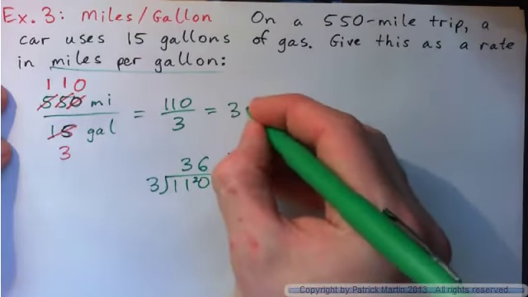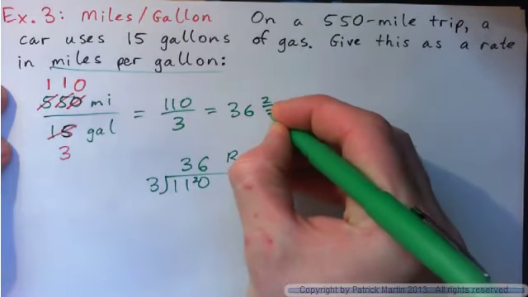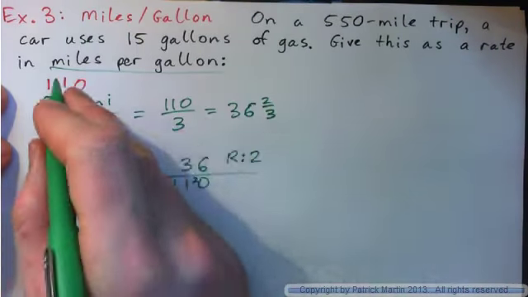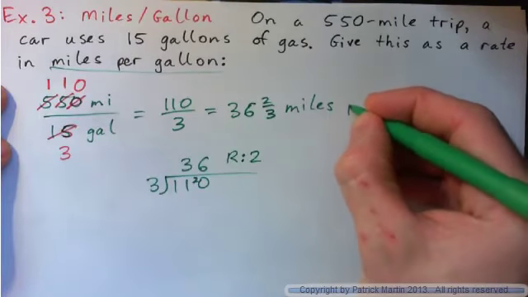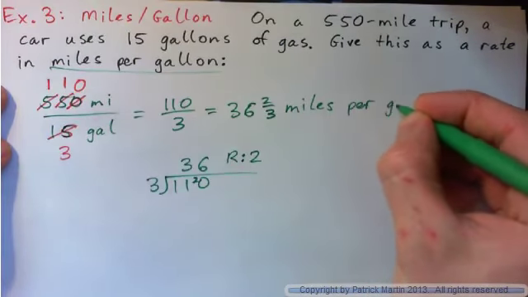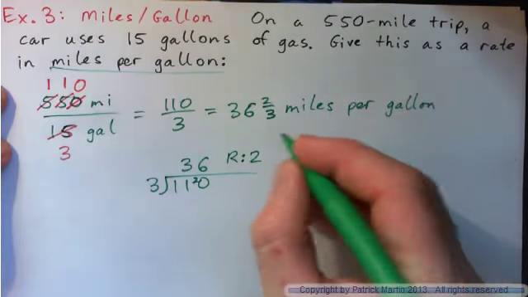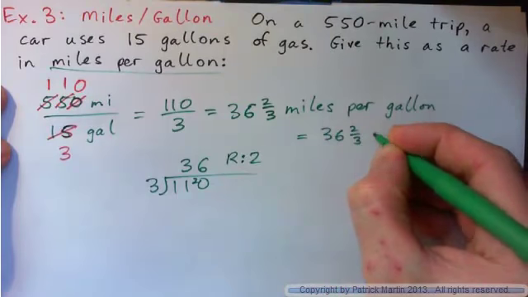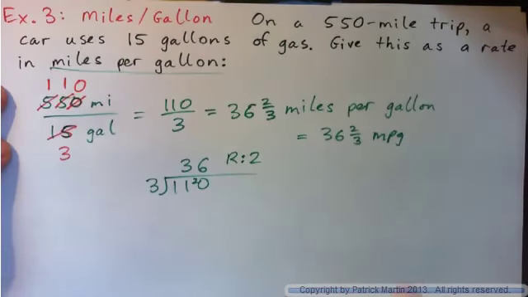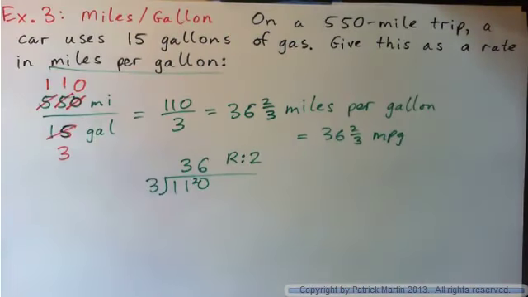So we get 36 and 2/3, and it's miles per gallon. Or it's also written 36 and 2/3 mpg. Anyway, that's the answer.